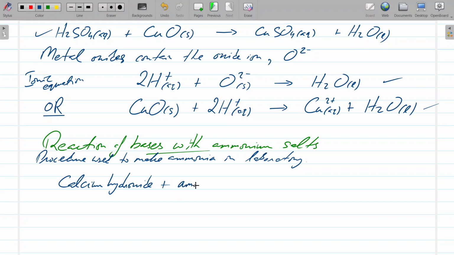And because it is ammonium, it's going to be soluble because all ammonium salts are soluble. And so this is going to give you calcium chloride plus ammonia and water.